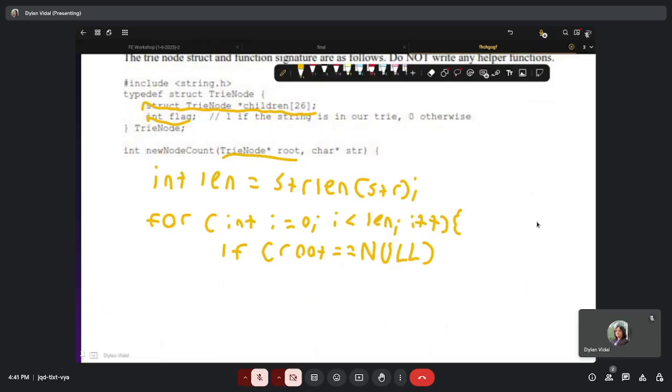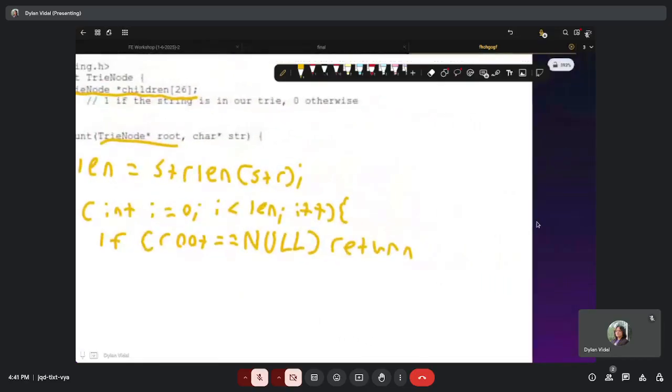For example, for the string Dylan, we would have to put in 5 new nodes because root doesn't have the letter D in it. So we could just return len minus i.